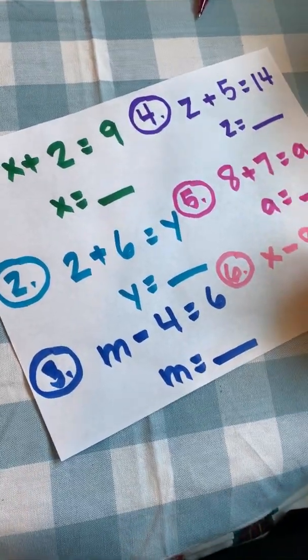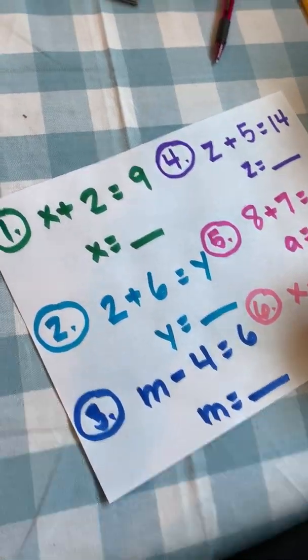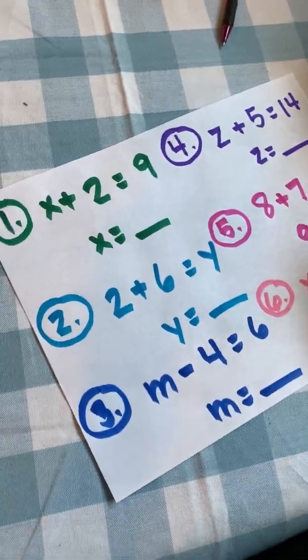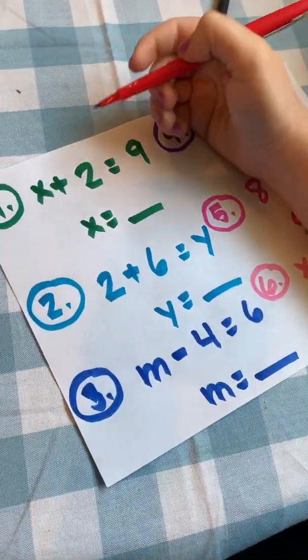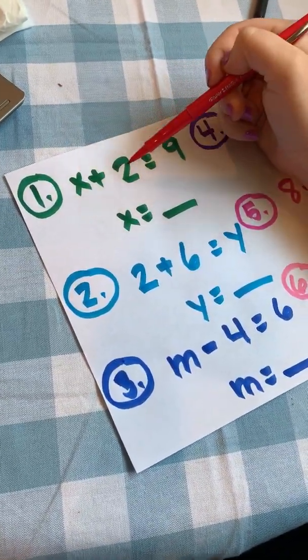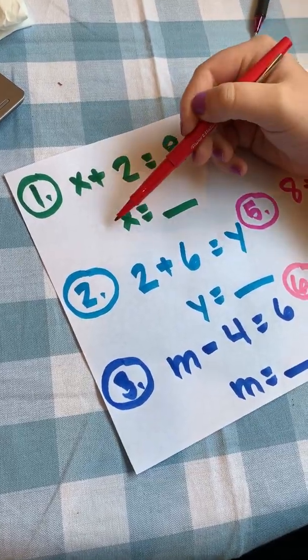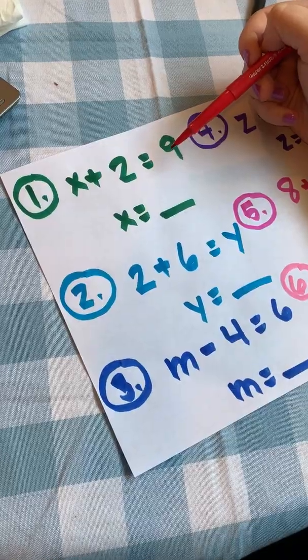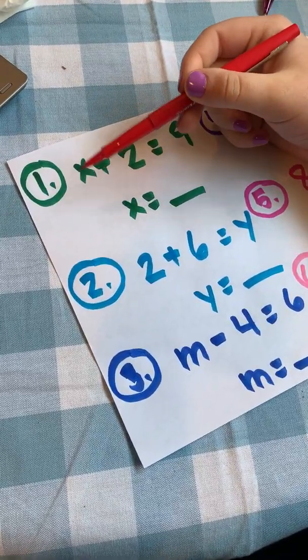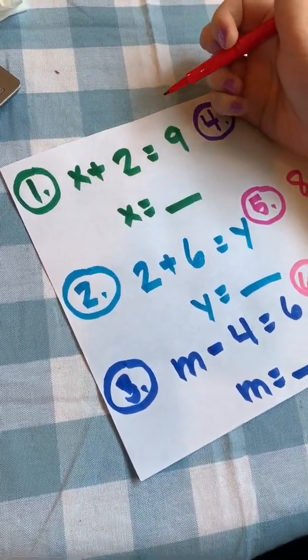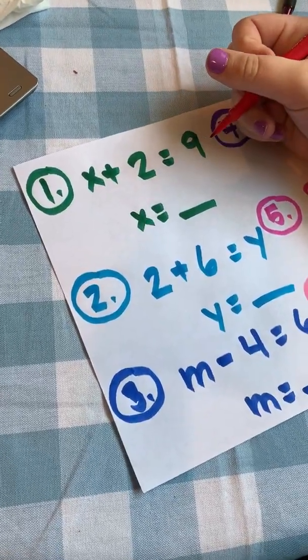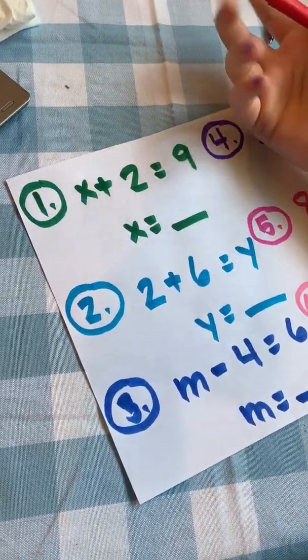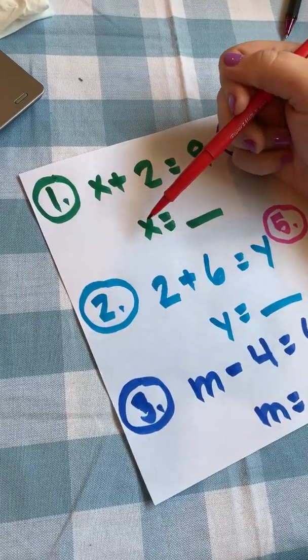So we're going to review what we did last time, and I'm going to show you how to solve these the algebra way. So number 1, x plus 2 equals 9. We're trying to figure out what x equals. What number goes there to make that number sentence true? You might already know what it is just by knowing your math facts, but the way to solve it with algebra, we have to do the opposite to make the x all by itself.